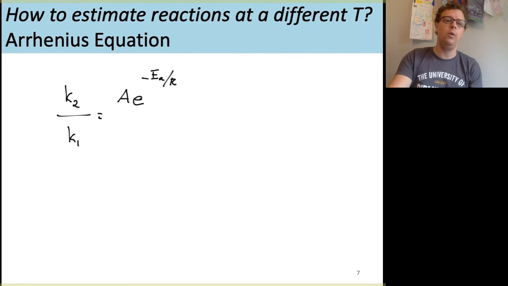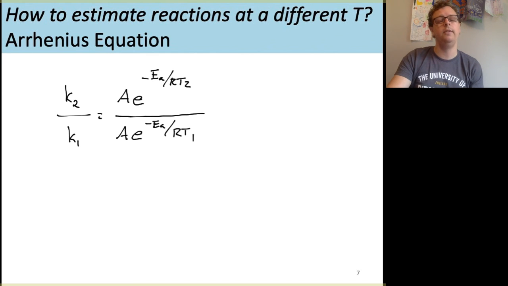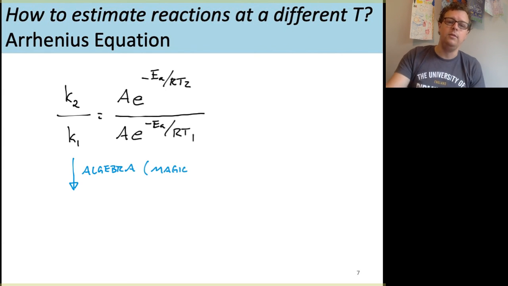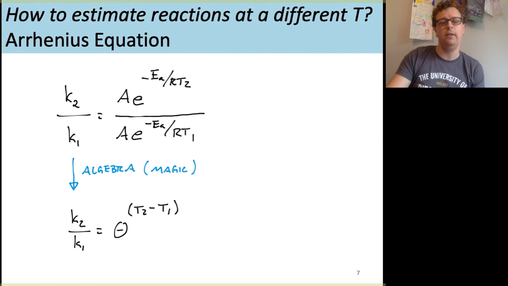The way that this turns out to be really useful to us, if we thought about two different temperatures, T1 and T2, having two different rate coefficients, k1 and k2, we could set those up as a ratio. And if we do a bit of magic, also known as algebra, we can take the ratio of those, k2 over k1, equals this capital theta raised to the T2 minus T1 power.